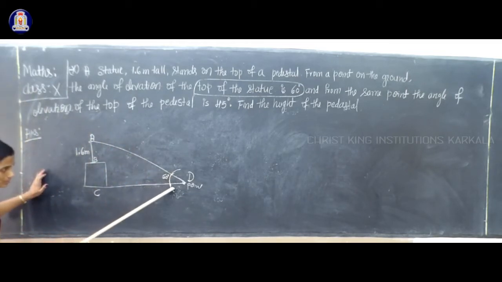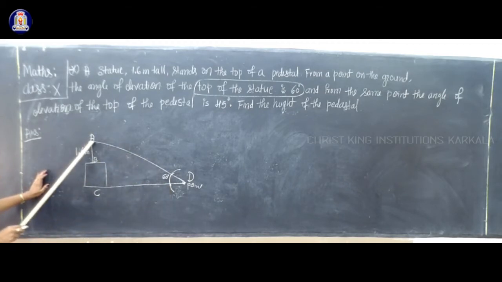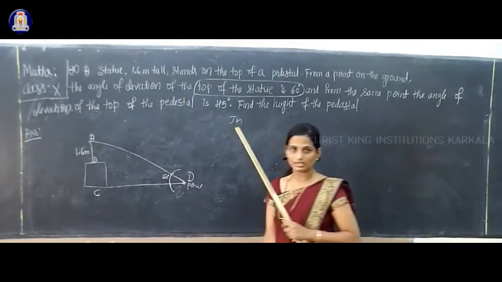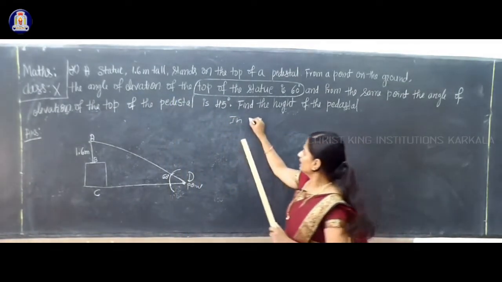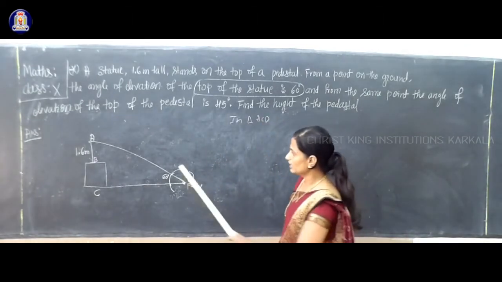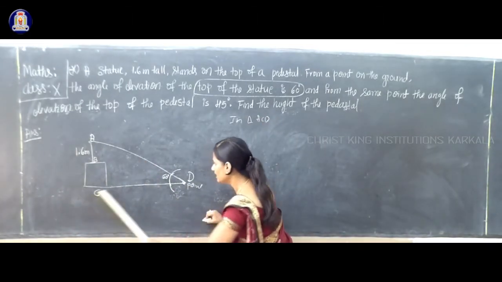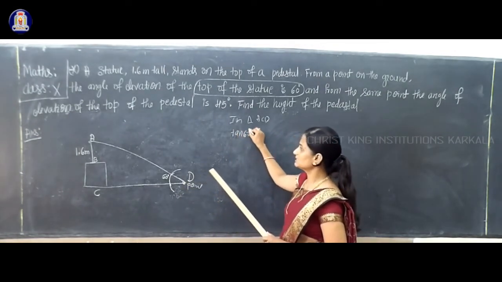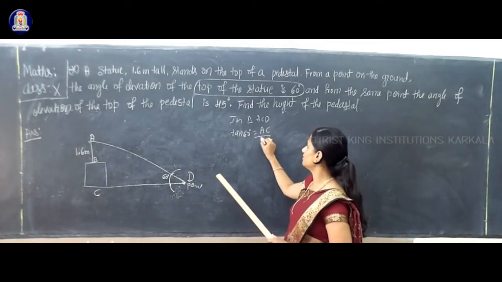With respect to this 60 degree, your triangle is ACD. This is your rough explanation, don't write this. In triangle ACD, this is the opposite side and this is the adjacent side. So tan 60 is AC divided by DC.